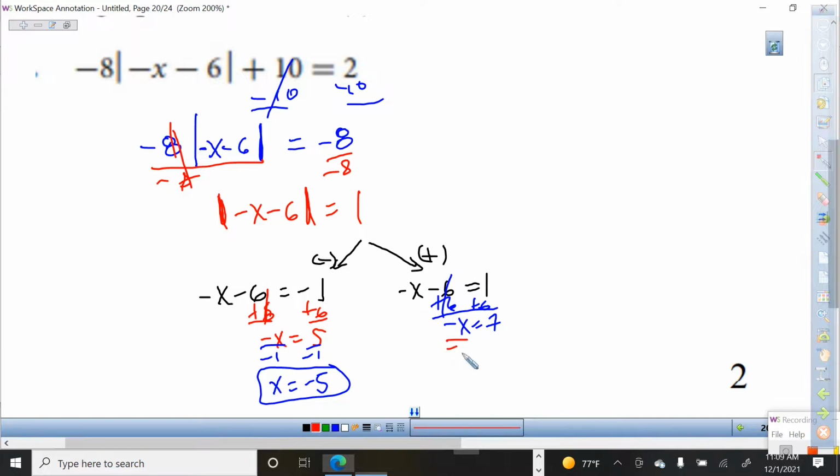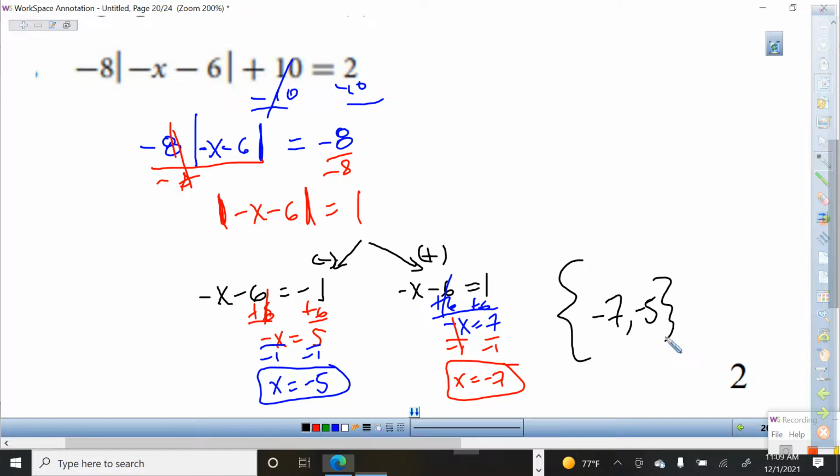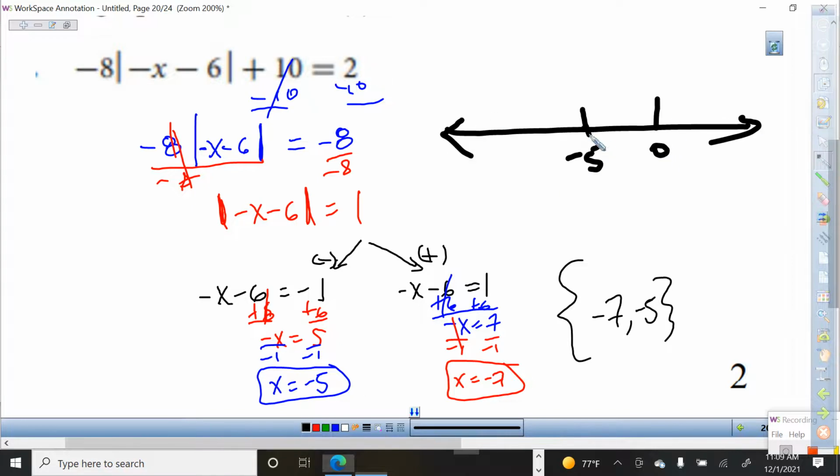Divide by negative 1. X equals negative 7. Solution, negative 7, comma, negative 5. Hands if you got that. Okay, good. Our graph, negative 5, negative 7. From 1 to 5, how comfortable do you feel with these?